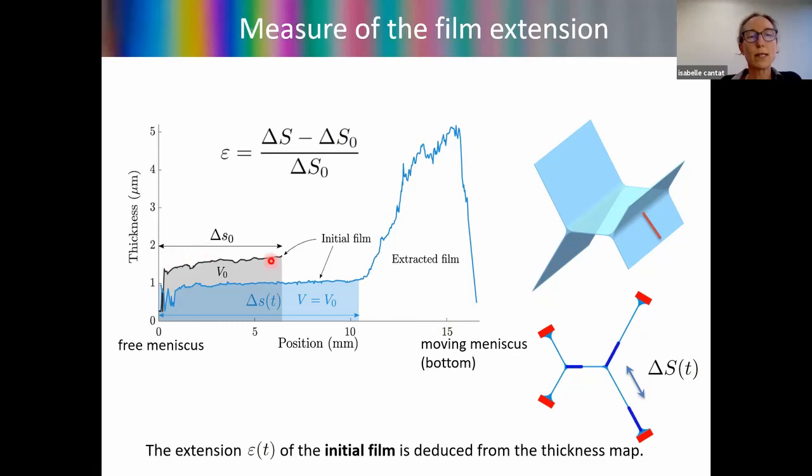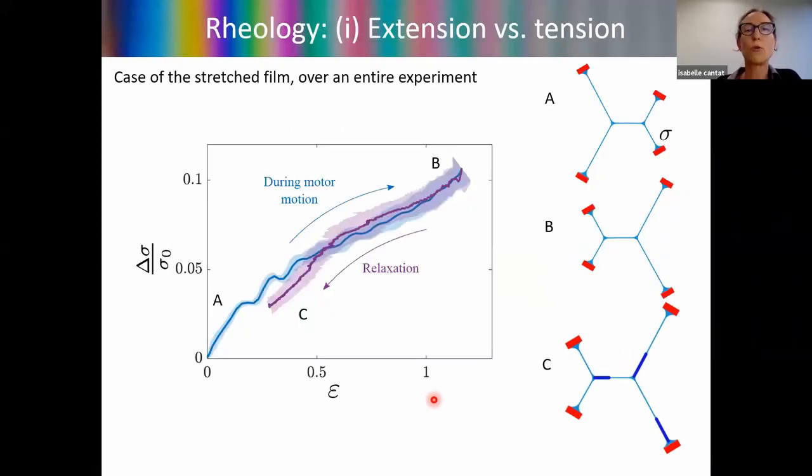So from this distance, I can build the extension of the film, which is actually valid for the whole film, including the Frankel film, because as the tension, the extension is uniform in the whole film.